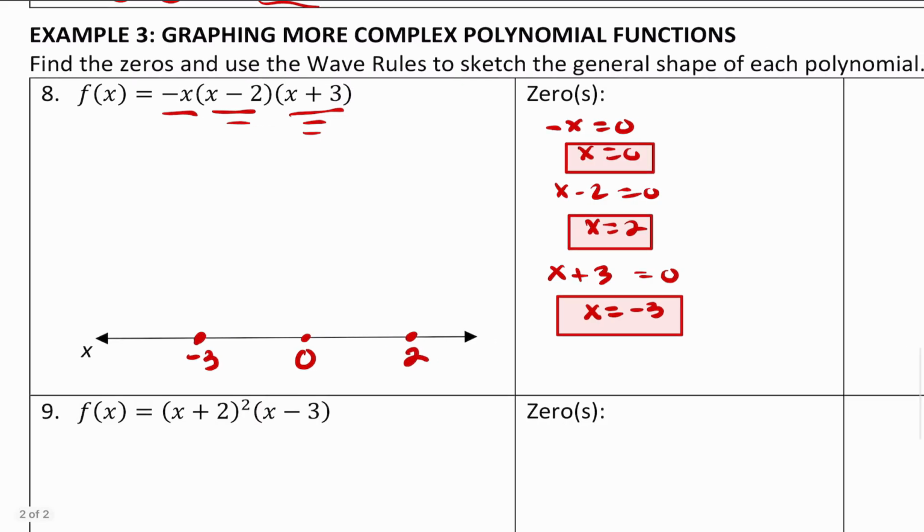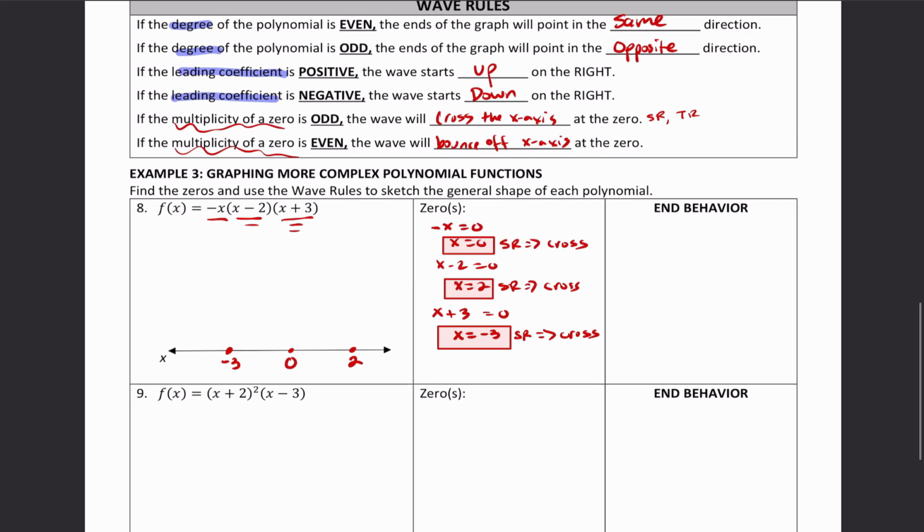Now x equals 0 is a single root, not a double root, so we're going to cross. x equals 2 is a single root, so we're going to cross. And x equals -3 is a single root, and we are going to cross when we do the wave.